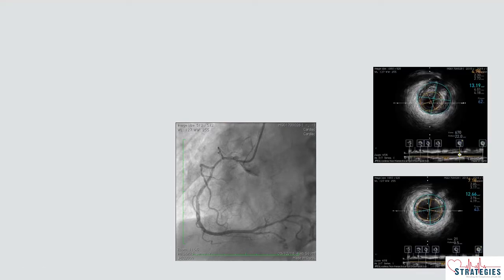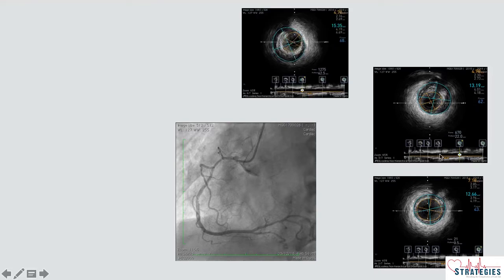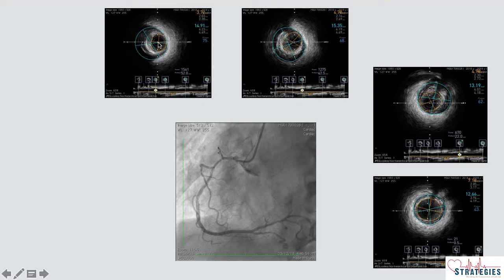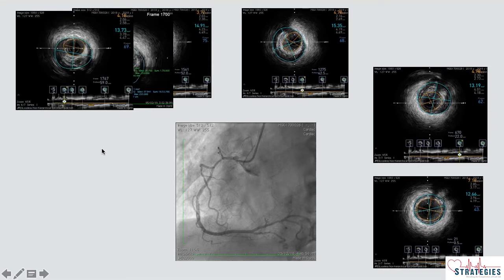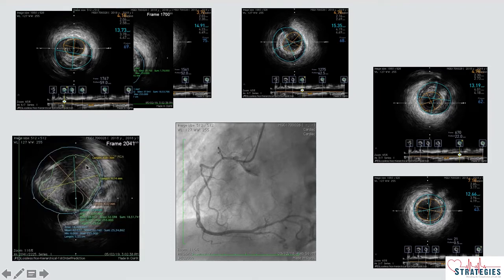These are the various sections at various levels. This is the distal reference, this is in the lesion, the middle of the lesion, and this is almost the MLA, like 2 mm square or 2.2 mm square, and this is the ostium.